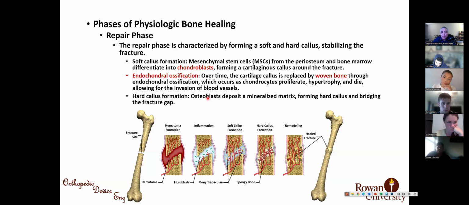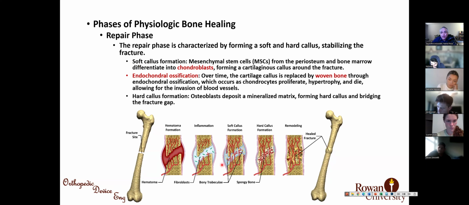And also some of the stem cells, mesenchymal stem cells, convert into chondroblasts. These chondroblasts form some areas of cartilage, a small cartilage, and gradually they join together and form a soft callus.